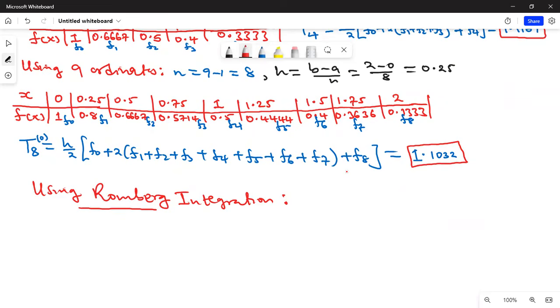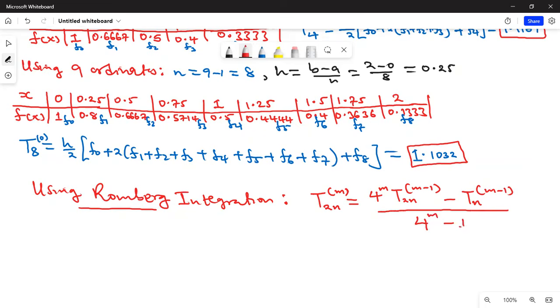This is the formula we are going to be using, the iterative formula for Romberg integration, that T2n at level m is given by 4^m times T2n at level m-1 minus T subscript n at level m-1 and everything over 4^m minus 1.